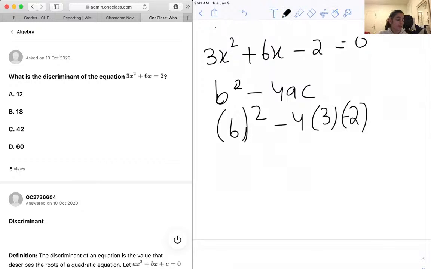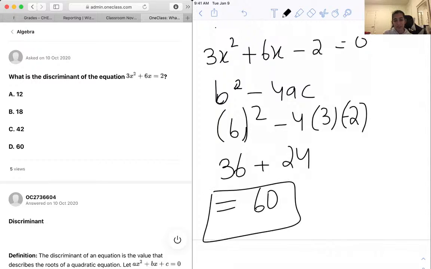So 6 squared is 36, minus 4 times 3 is 12, times 2 is 24, negative negative cancel out, that becomes a positive 24. And when you add them together, they equal 60. So our discriminant is 60, which is the D, and it tells us that it's positive and will have two roots.